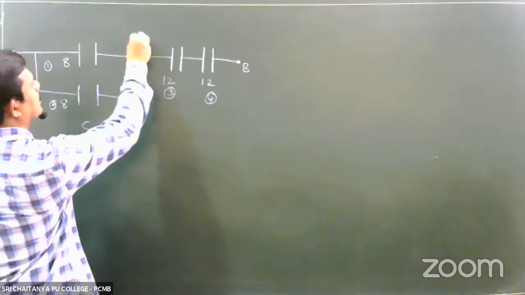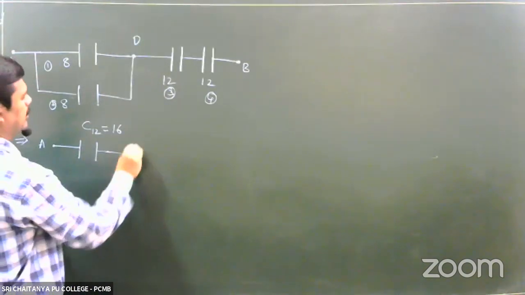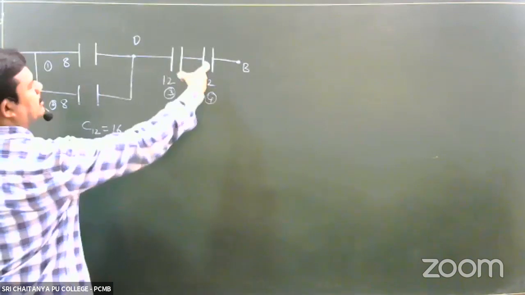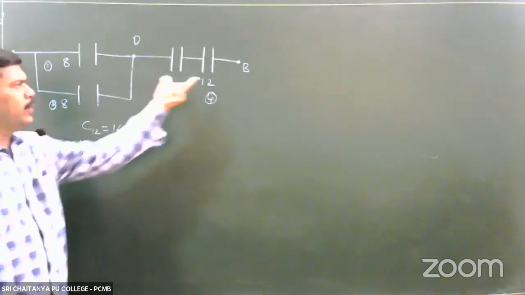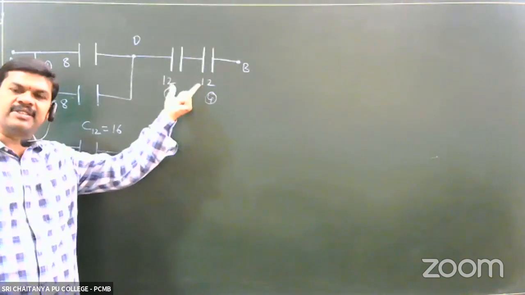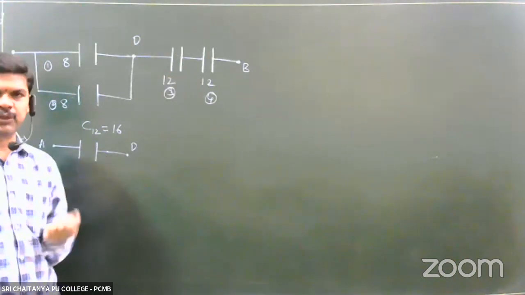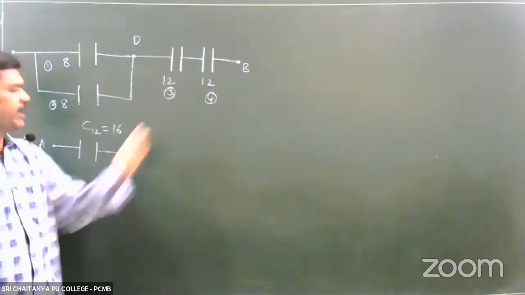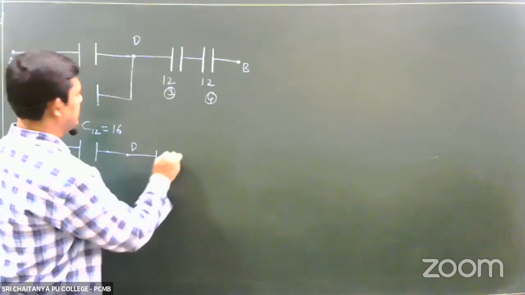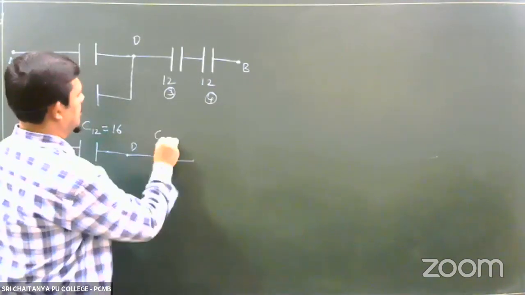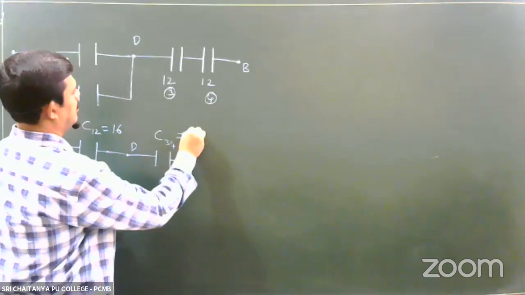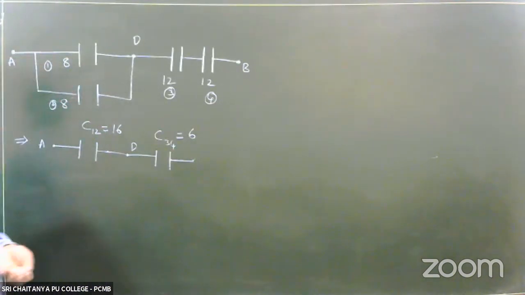Here is one point. Let us say some D. Then these two are series. When two similar capacitors are in series, C by 2. Yes or no? C1, C2 by C1 plus C2, you just check out. It becomes C by 2. That gives six.